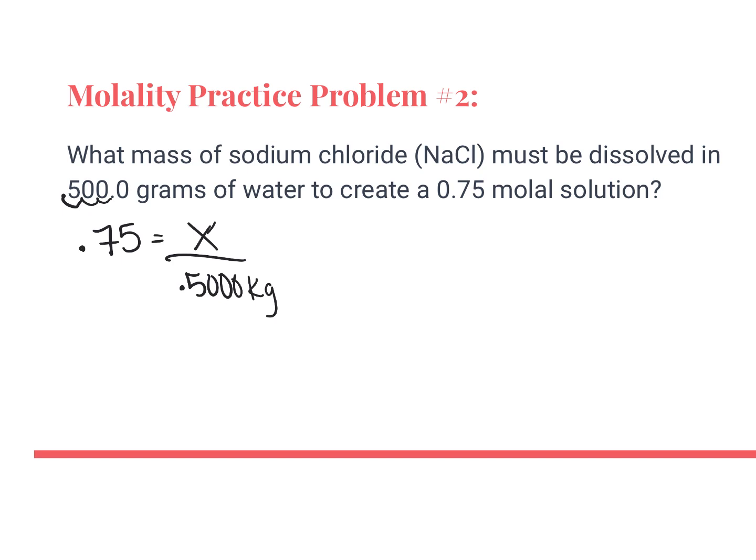How do we solve for x? What do you do with those two numbers? Multiply these. What's 0.75 times 0.5? The unit of this is moles. So in order to make this 0.75 molal solution, you need 0.375 moles of sodium chloride.